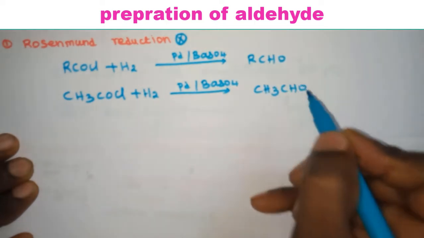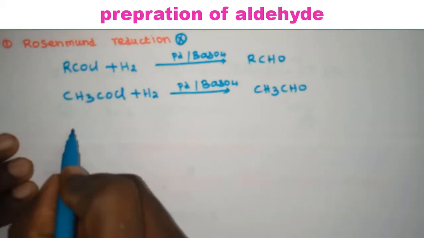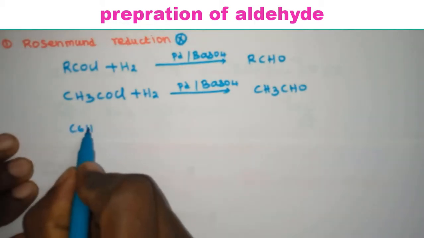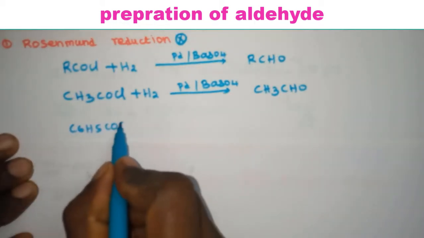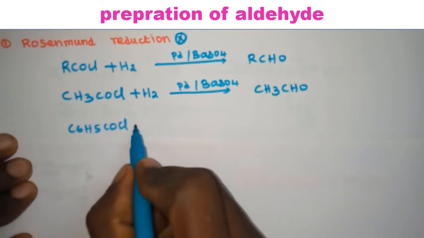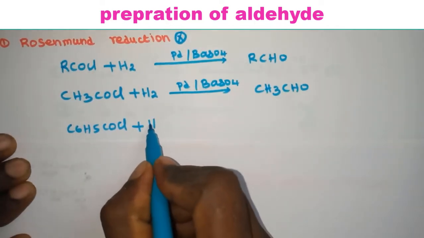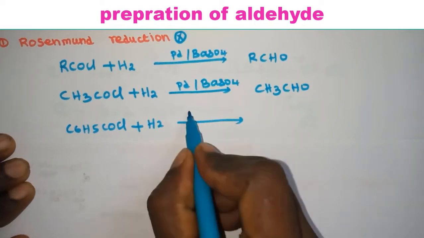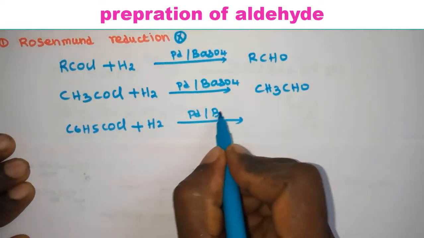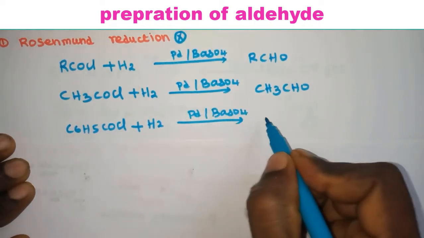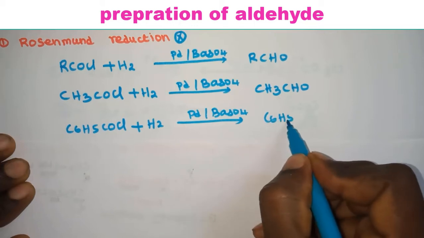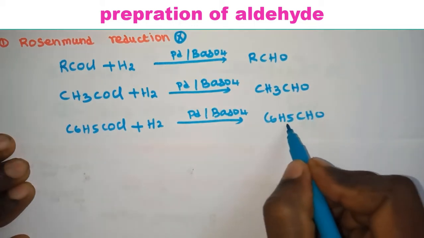Another example: C6H5COCl, benzoyl chloride, on hydrogenation with Pd-BaSO4 forms benzaldehyde, C6H5CHO.